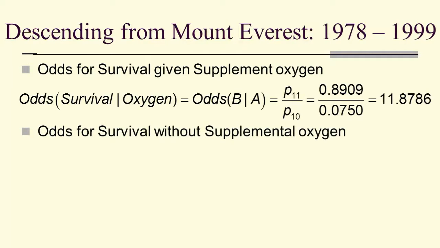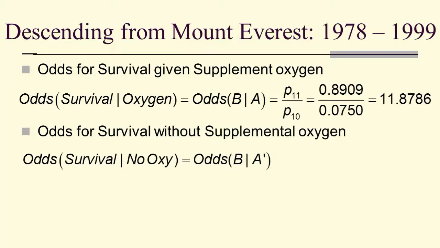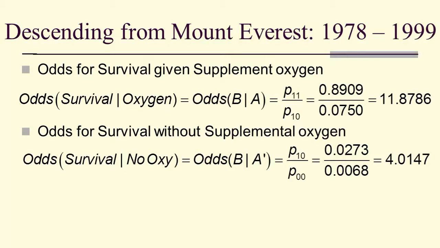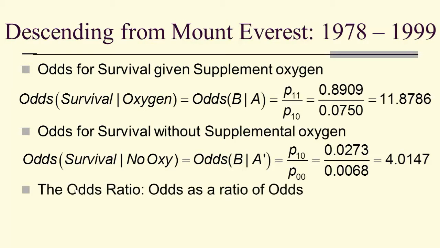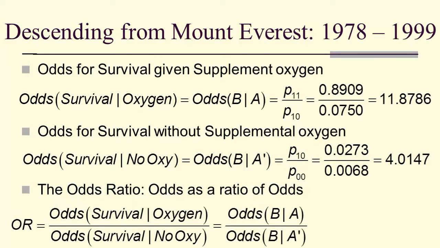And the odds for survival without oxygen, that's the odds of B given A prime, they're only about 4 times more likely to survive than die when you have no oxygen. And the odds ratio is a ratio of odds, in which case we have the 11 over 4, which is about 3.